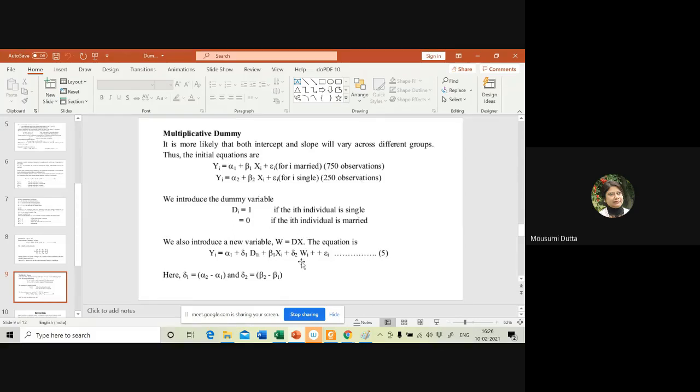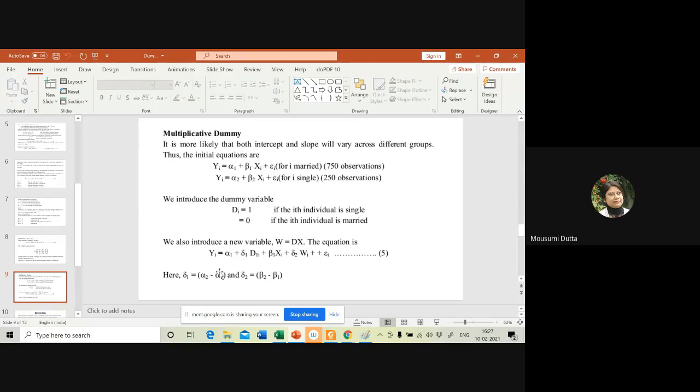I'm bringing delta 2 wi. Okay, for the intercept dummy, we are considering delta 1 d1i, whereas for the difference in slope, we are considering delta 2 wi. Delta 1 is alpha 2 minus alpha 1, difference between the two groups.